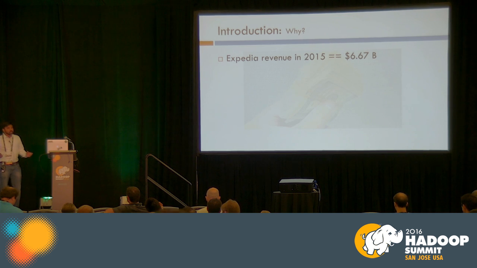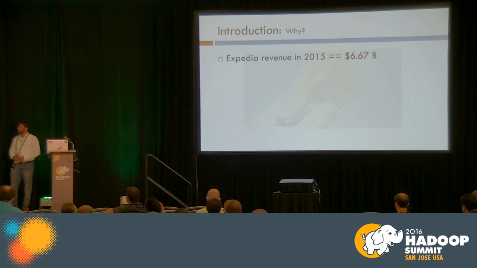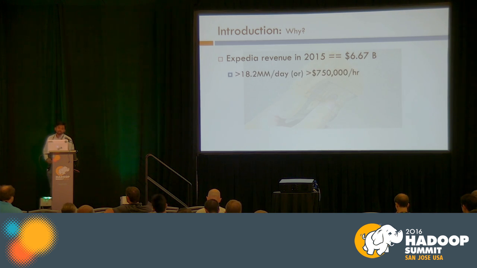Also, before Hortonworks, I worked at Orbitz for about 6 to 7 years, and I've been close to the way the travel websites work. Expedia, as per their public record, had revenue in 2015 of $6.67 billion. You do the math. It's about $18.2 million a day, or about $750,000 an hour.